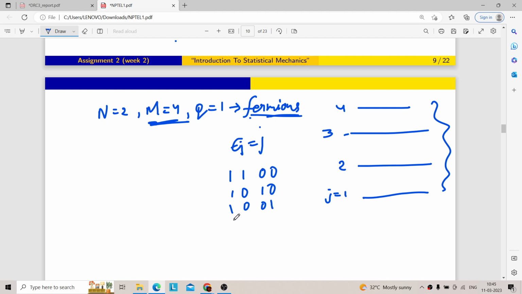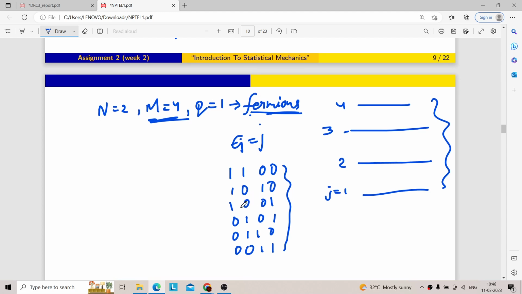Similarly, I can do 0 1 0 1, 0 1 1 0, and 0 0 1 1. These are the only ways, right?